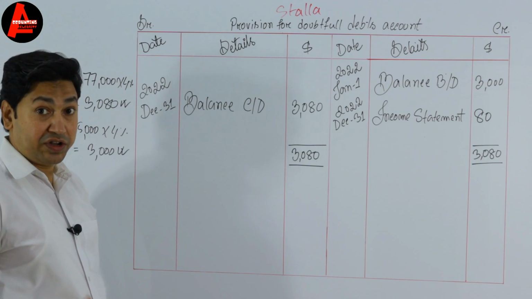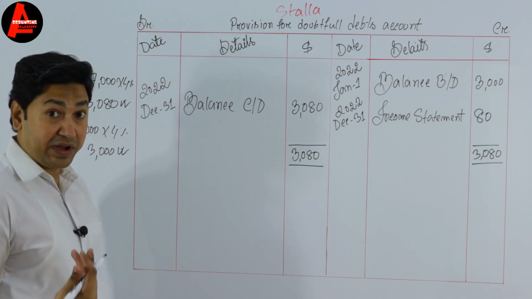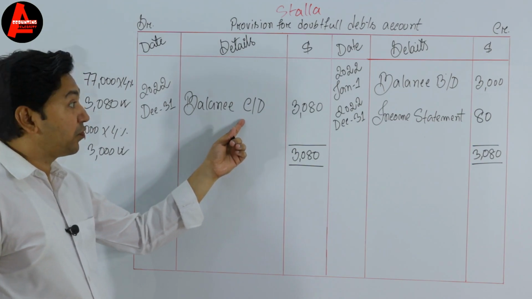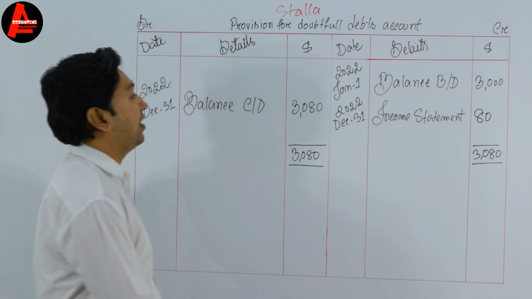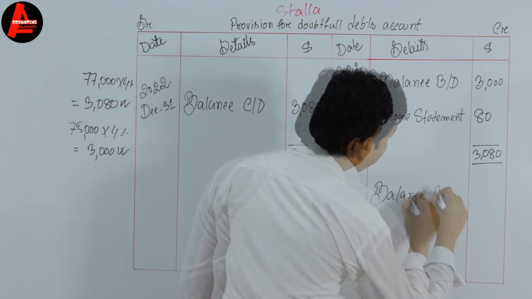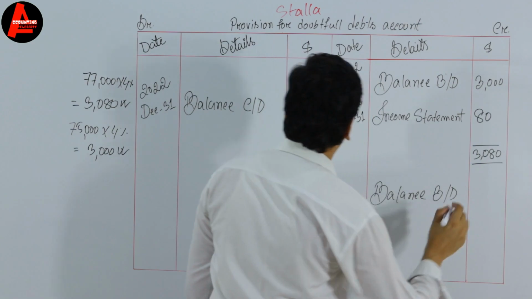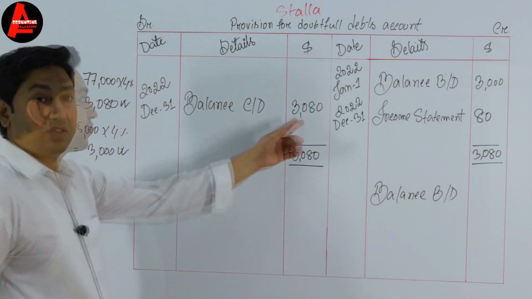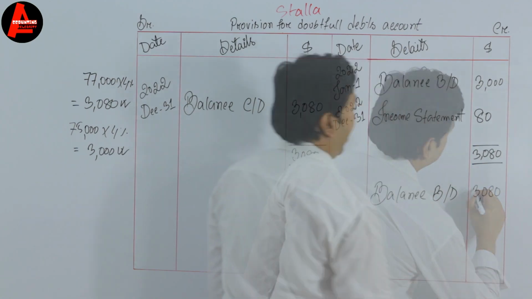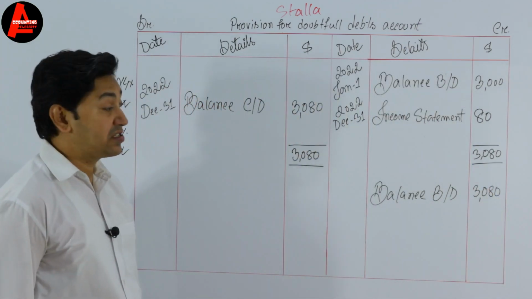So now the requirement we have in the question, we have to bring down the balance. Here on the debit side we have balance CD, balance carried down. We will go to the credit side. Here below the total we will write balance BD, brought down. Which amount? Same amount, $3,080 will appear here. And the date is given in the question.